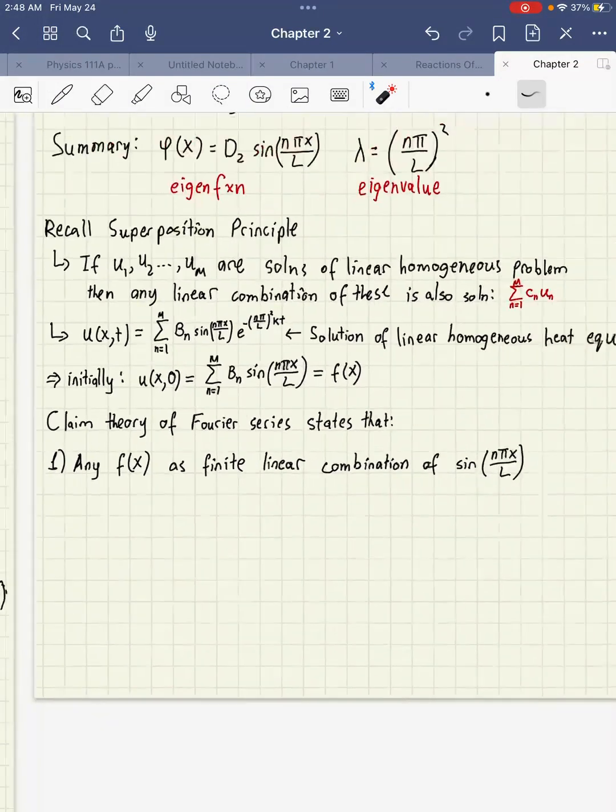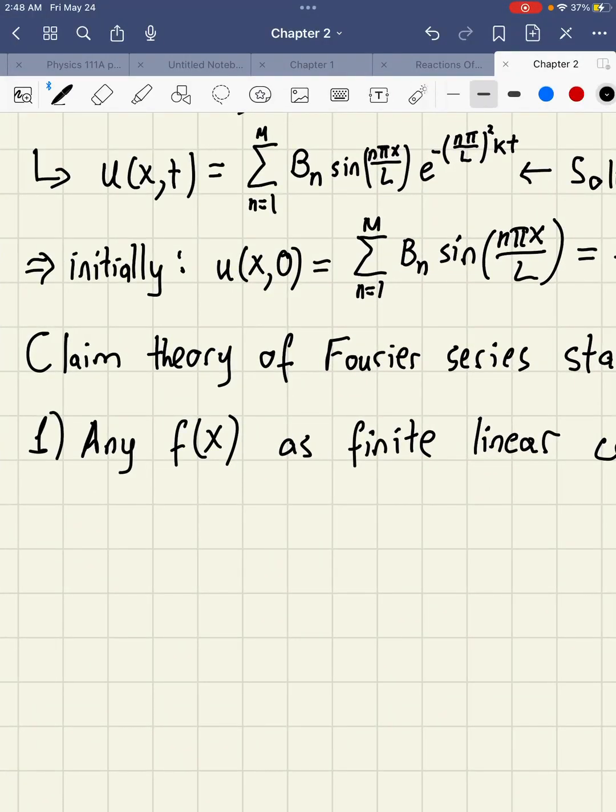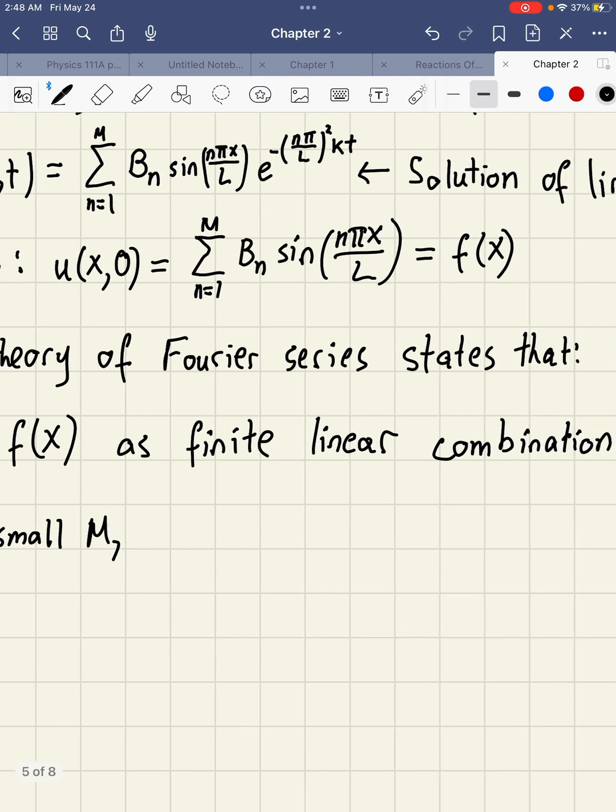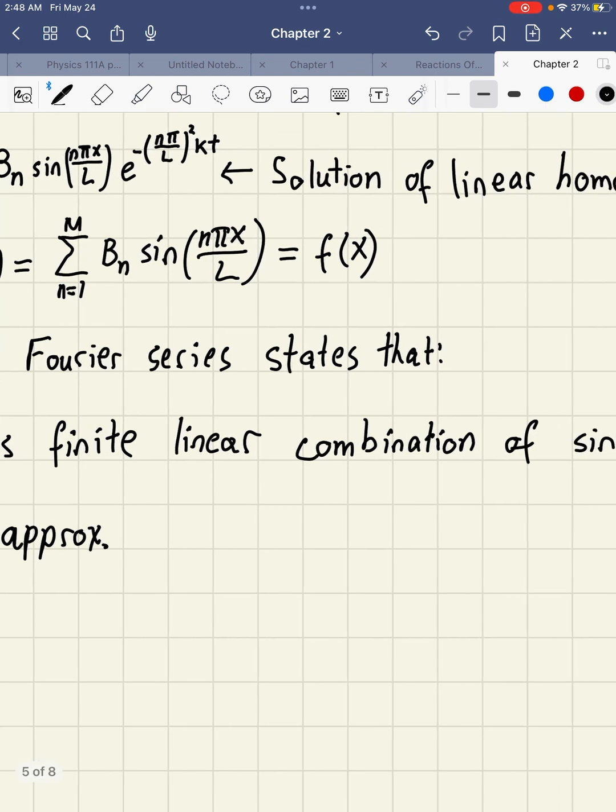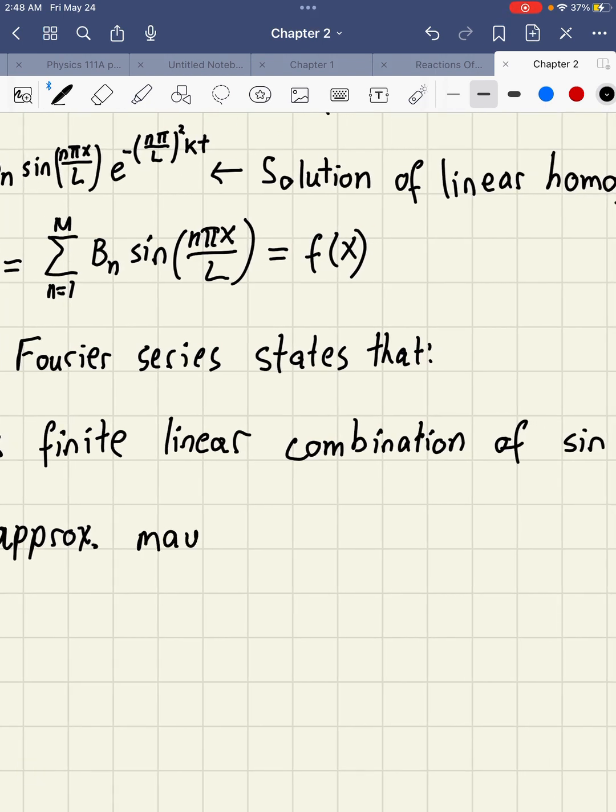The second part is that for small m, the approximation may not be very good.